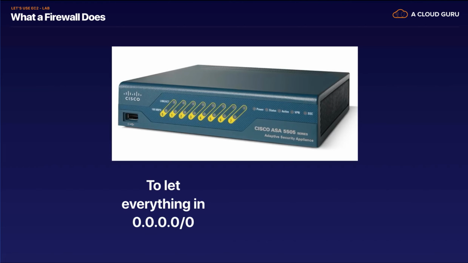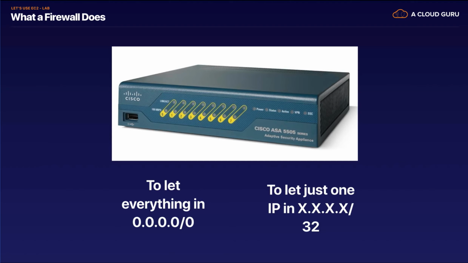But if you've got a Linux server that you just want to administer on your own, let's say on port 22, the SSH port, you may just want to lock that down to only your IP address. So you would want to let everything in on port 80, but you may want to lock everything down to your own IP address. And we use this /32 notation.